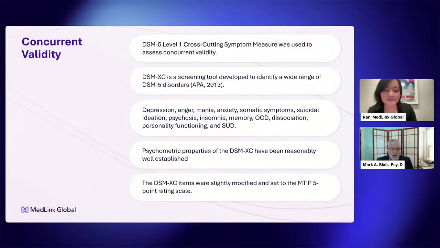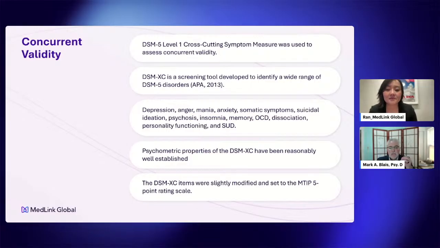So in order to get some initial validity statistics, we use the DSM-5 level 1 cross-cutting symptom measure. Now, this is a screening tool developed by the DSM committee to identify a wide range of psychiatric disorders.